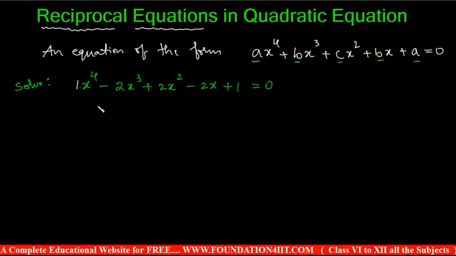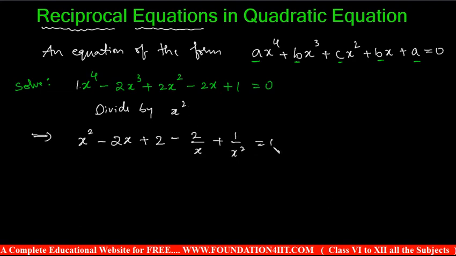Now divide the entire equation by x^2 throughout. Then x^4 by x^2 is x^2, -2x^3 by x^2 is -2x, +2x^2 by x^2 is +2, -2x by x^2 is -2 by x, plus 1 by x^2 is equal to 0.